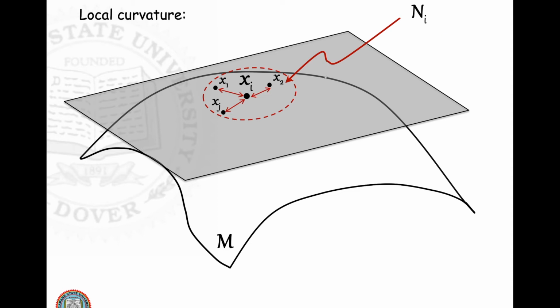Now, if these xj are really close to xi and approximately on this linear surface, this sheet approximating this small region of the manifold, then because it's a linear surface, we can describe xi in terms of all of those points around it, and that description is going to be a weighted combination.